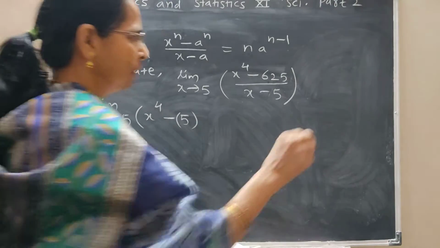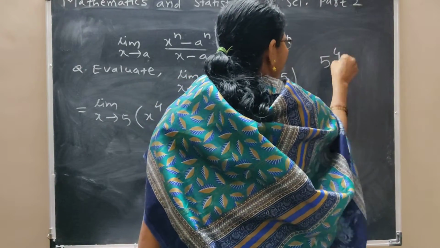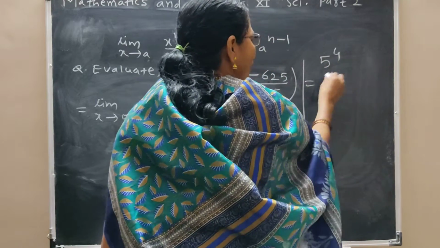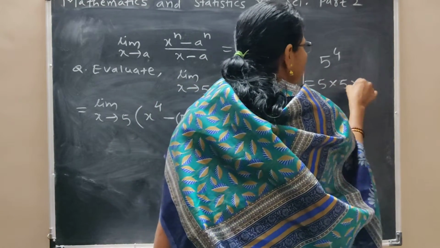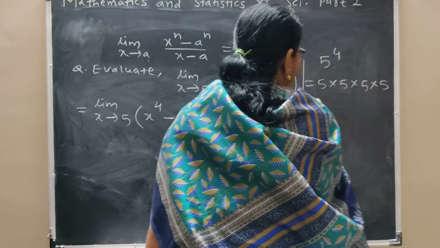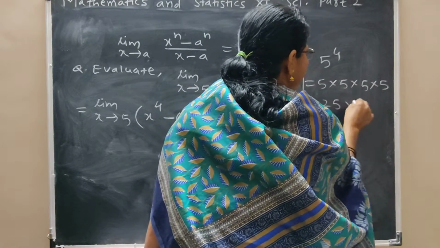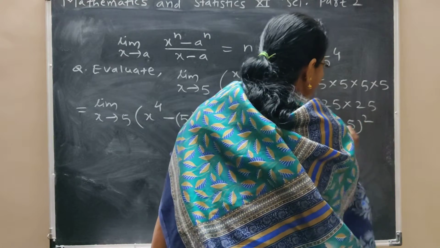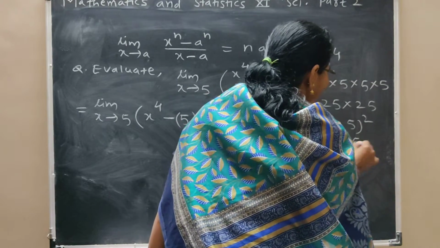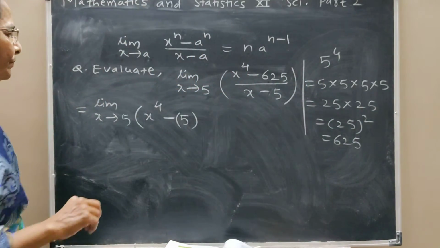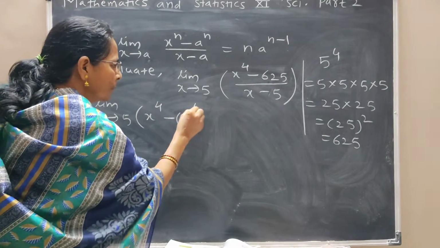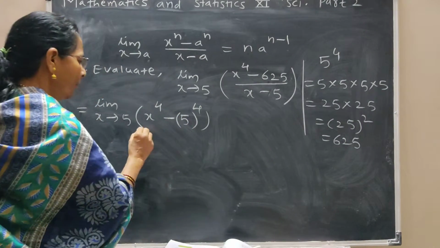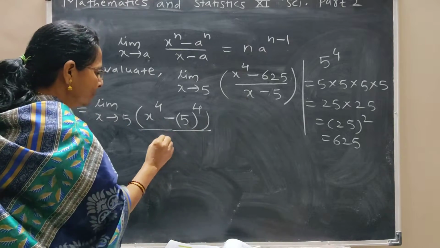If we take 5 raised to 4, that means product of 5, 4 times: 25 and 25, that means 25 squared, which is nothing but 625. So write here 5 raised to 4 upon x minus 5.